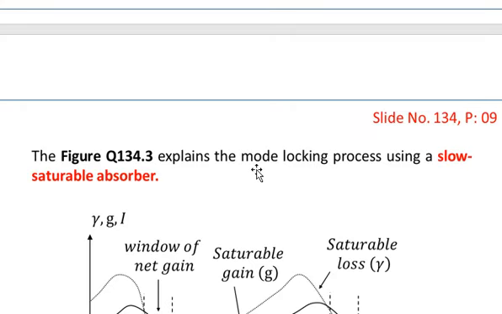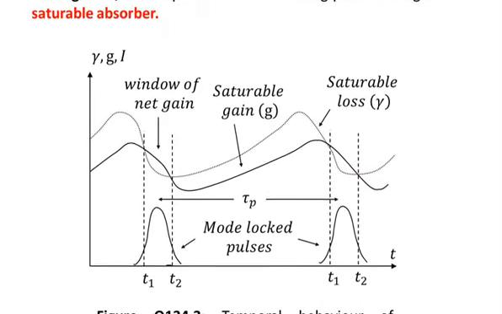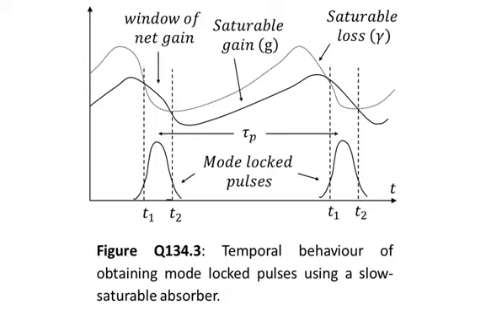So this figure explains the mode locking process using a slow saturable absorber. It gives you the temporal behavior of obtaining mode locked pulses using a slow saturable absorber.